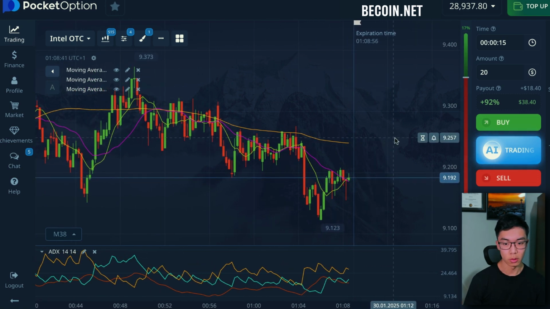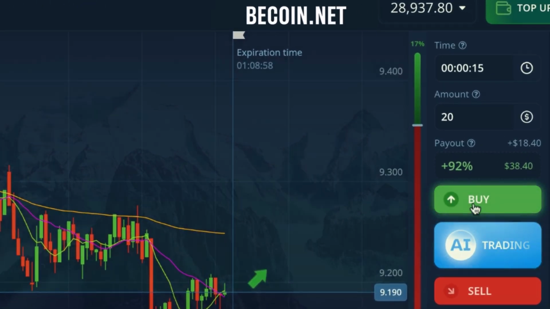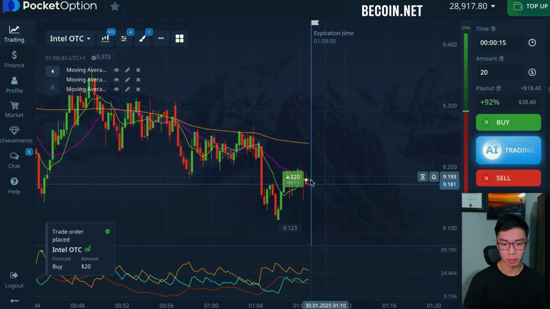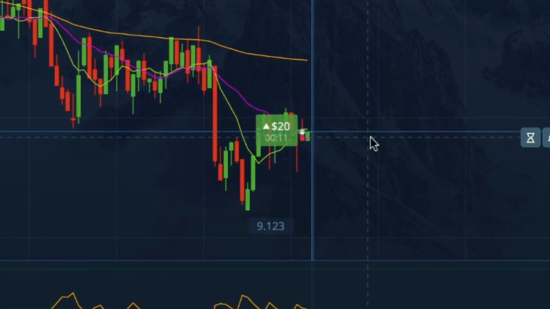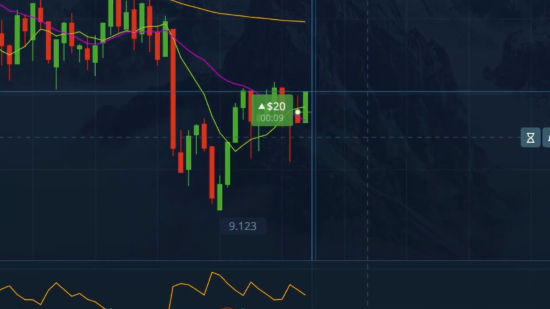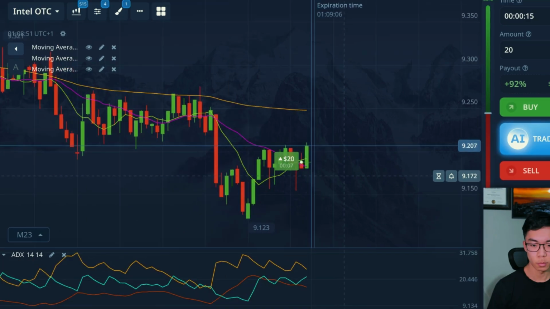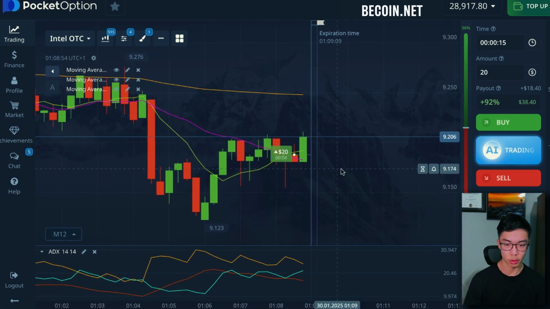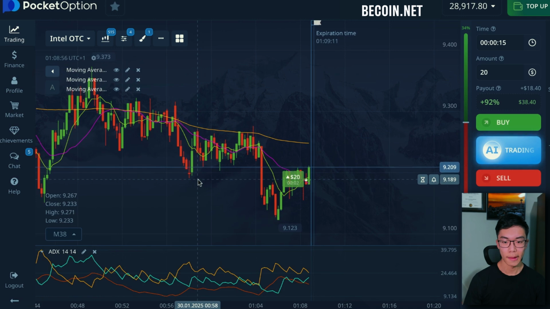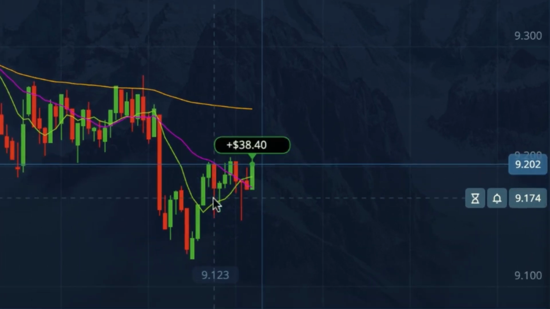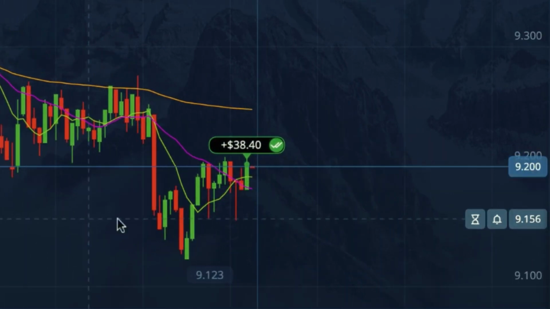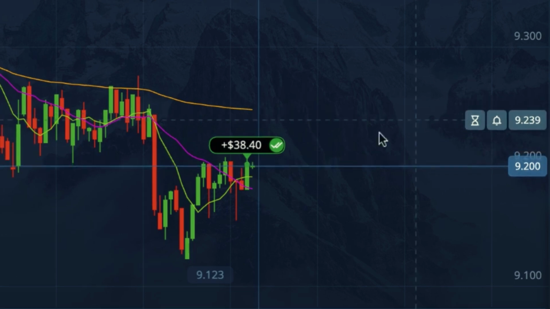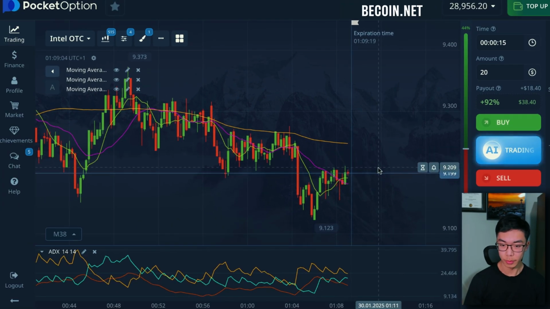Okay, so how do you do this? Here, on the buy right here, basically why I bought was because, one, there's a moving average crossover, but the bigger reason is because it's likely going to go up due to market movements upwards.